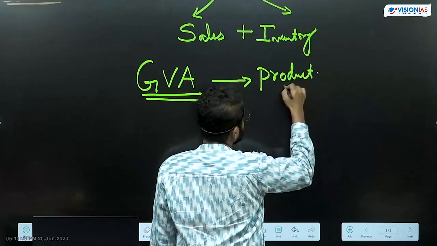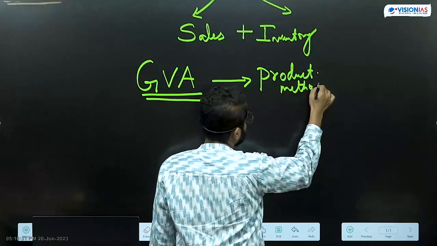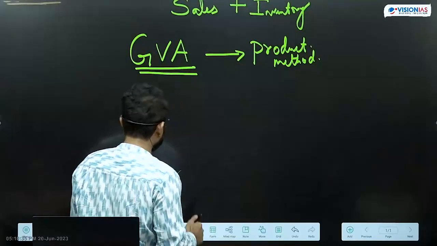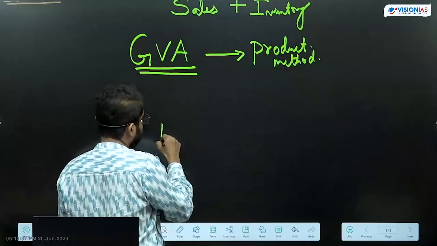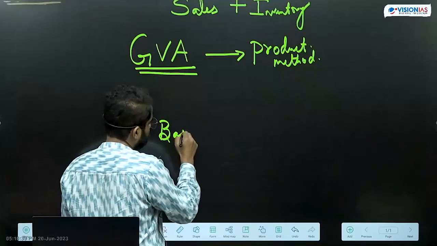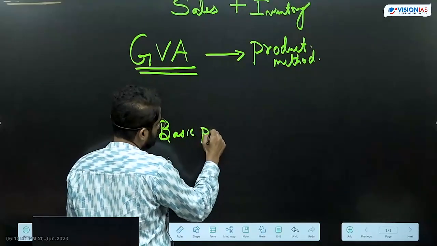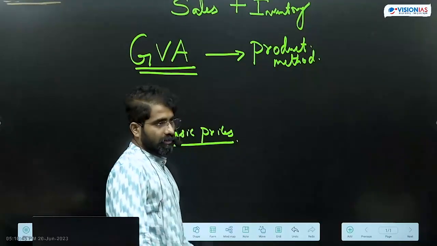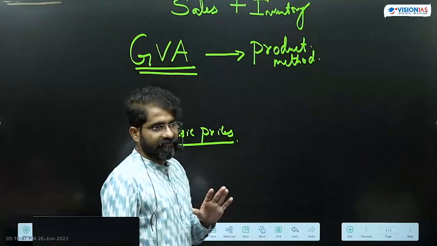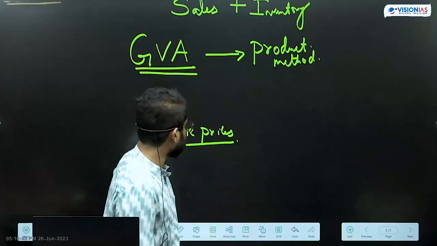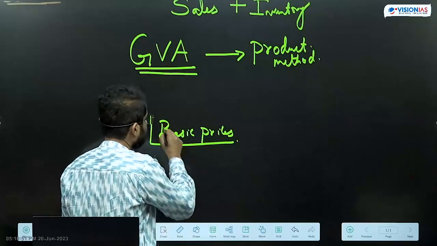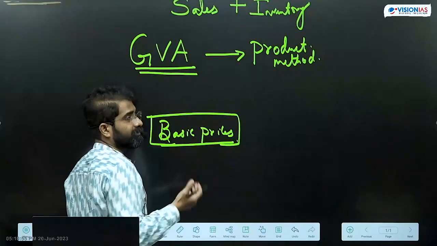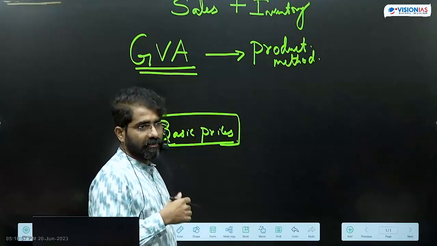But what they did in the recent past, in 2015, is come up with the concept of basic prices, calculating GVA at basic prices. So what is this basic price? We'll try to understand and then move forward.